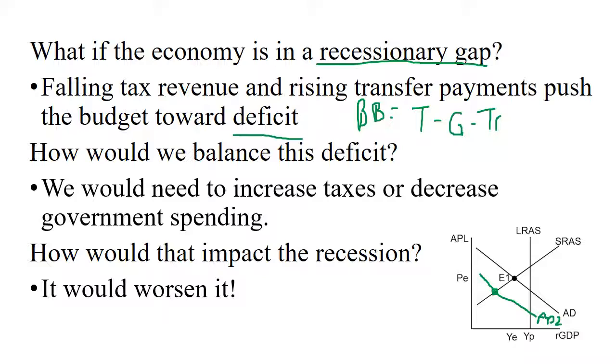See how it's even further away from the long run potential? Our recessionary gap has increased. So if the law stated that you can't have a deficit, you must balance the budget each year, we could do that, but it would also make this recessionary gap deeper. That's not a good thing.